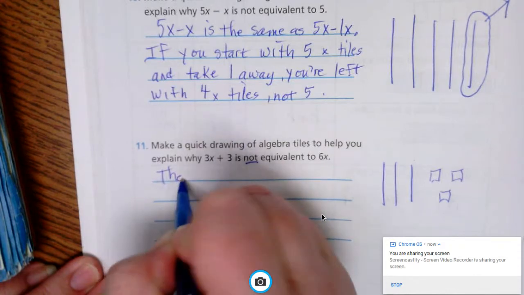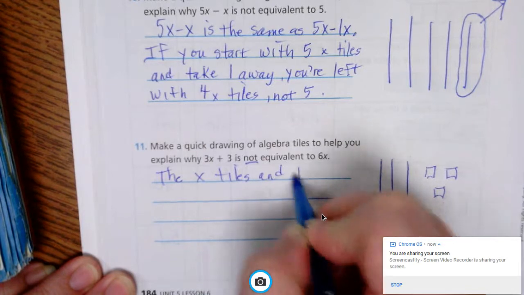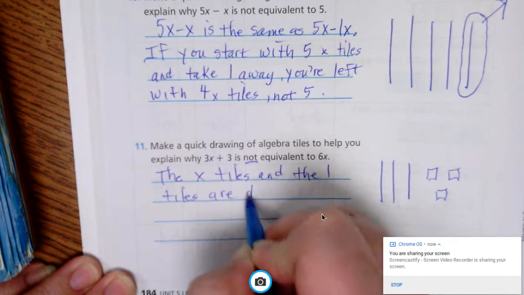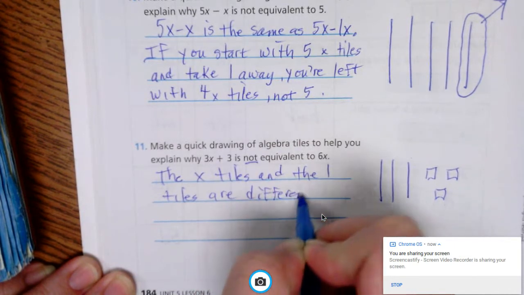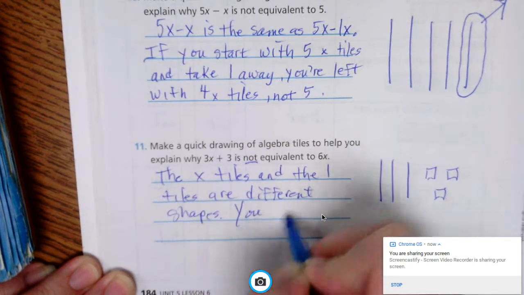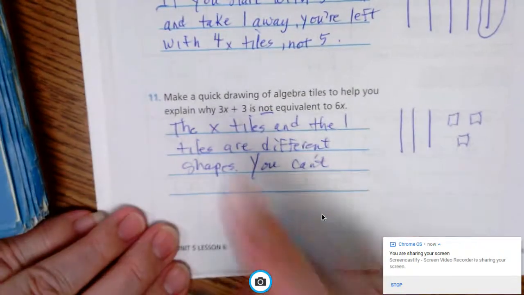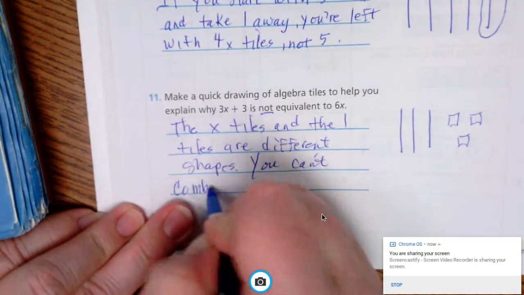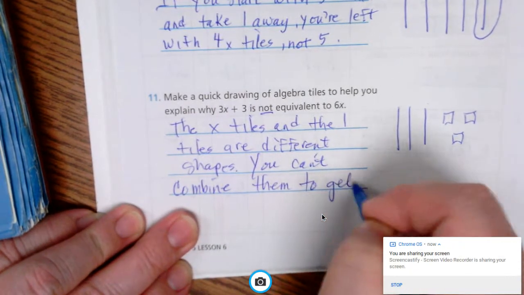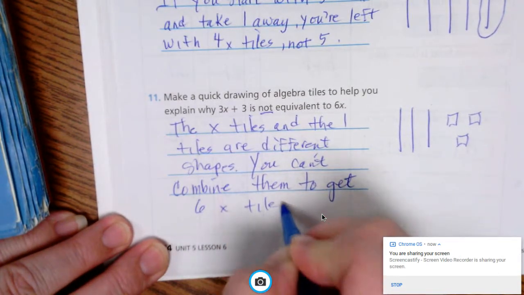So the x tiles and the 1 tiles are different shapes. You can't combine them to get 6x tiles.